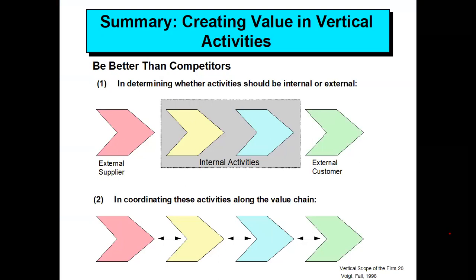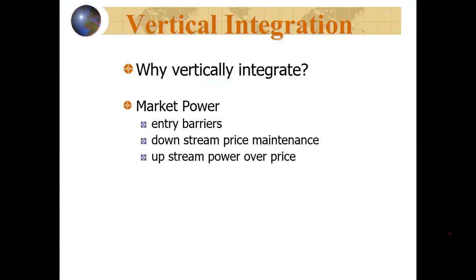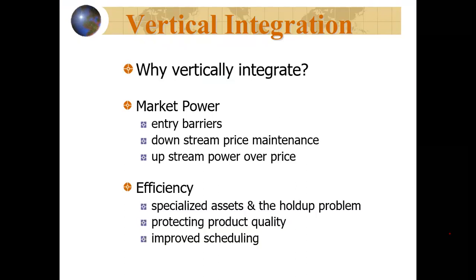In your value chain, you are trying to create value not only for the entity, but of course on the product and to the customer. You determine whether activity should be internal or external. And of course, you identify how you coordinate the activity and how you improve those activity. As well as, of course, the purpose is to improve the product. And number two is your cost. Of course, minimizing the cost of the entire entity.